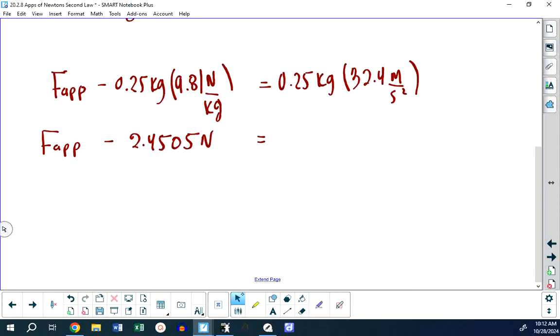And by the way, this thing, this 0.25 times 32.4, that's the net force. I think it's 2.4525. Okay, 2.4525 newtons. Sorry about that. And this is equal to that 8.1 that you thought was the answer.